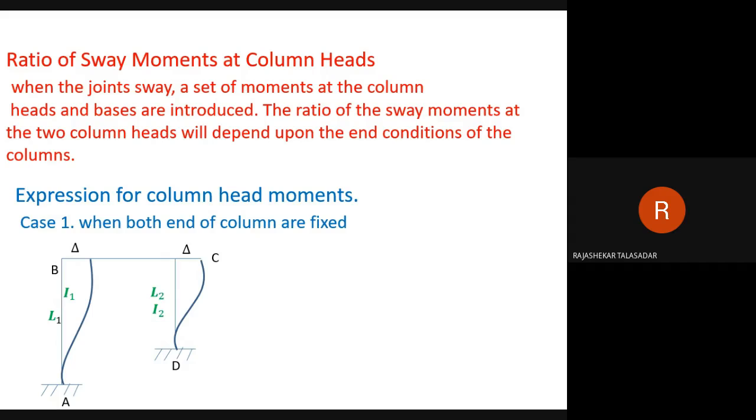Suppose AB is vertical and you bring it to the horizontal, A left, B right. What is the end moment required at B?